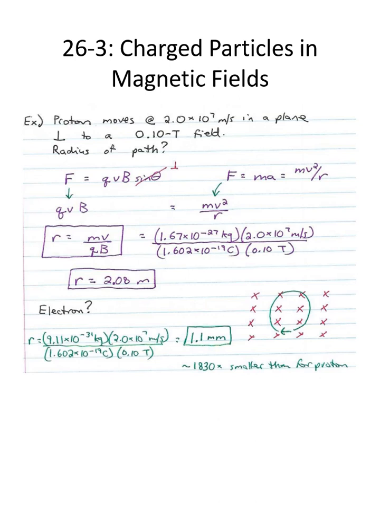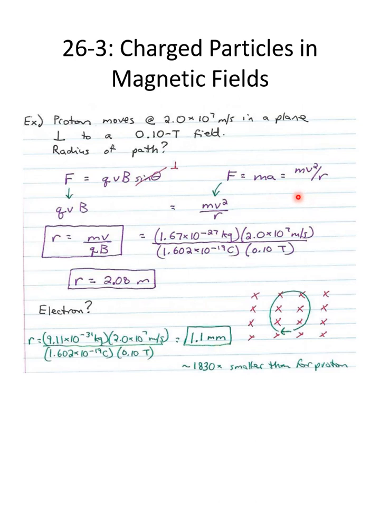Two equations come to mind. The first is F equals qvB sine theta. Since it's moving perpendicular to the magnetic field, sine theta goes to 1 and force equals qvB. Then there is Newton's second law, F equals ma. And remember, for circular motion, acceleration is v squared over r.